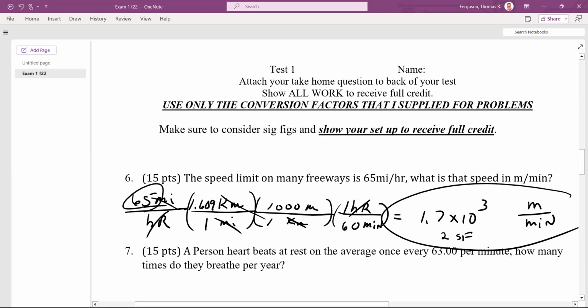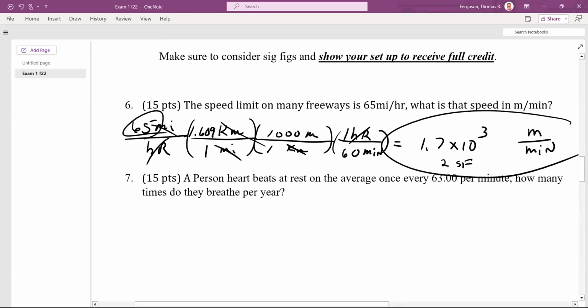So the answer is going to have 2. Those are by definition. Like how many meters are in a kilometer? Exactly. If you just throw out a number, you assume it's measured.